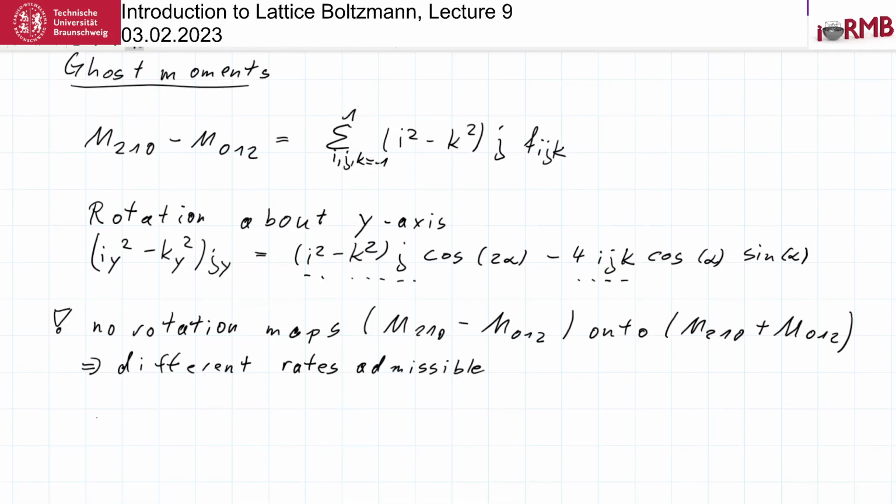However, there is one interesting fact, namely that M210 minus M012 can map. So what is this moment on which it maps? ijk, which of the countable raw moments is this? One, yes. M111.